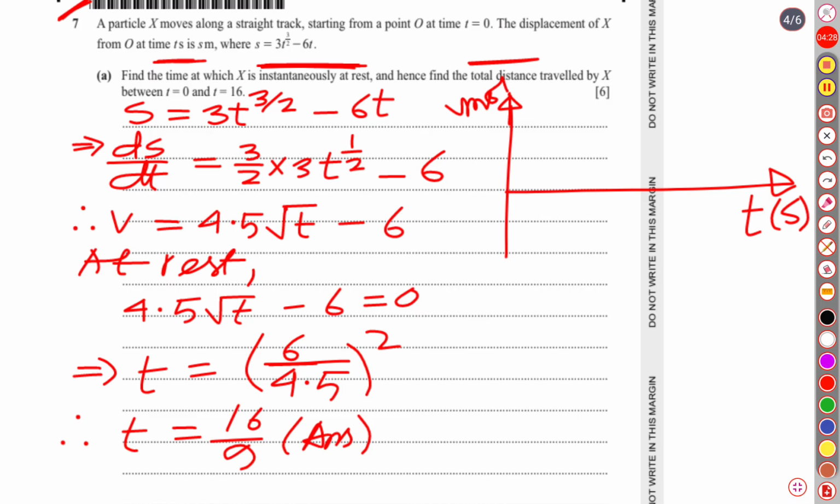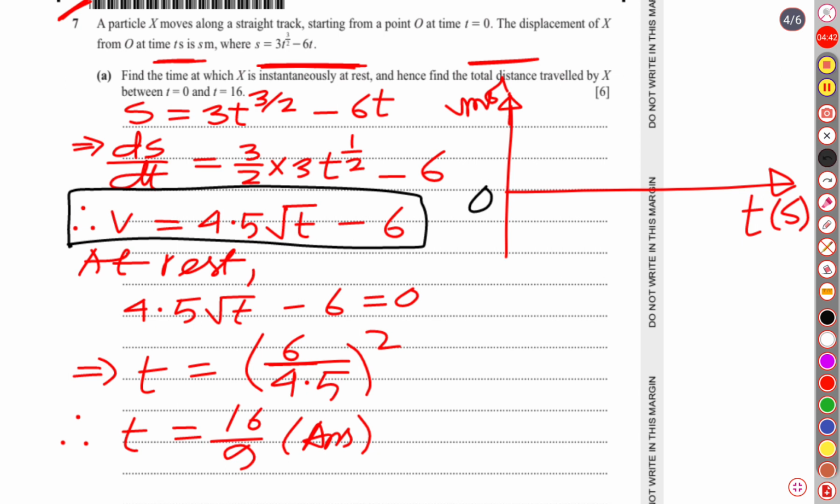And for the velocity expression, we can see that when the particle started its journey, the velocity was minus 6 when t is equal to 0. If you substitute t equal to 0, then velocity will be minus 6.